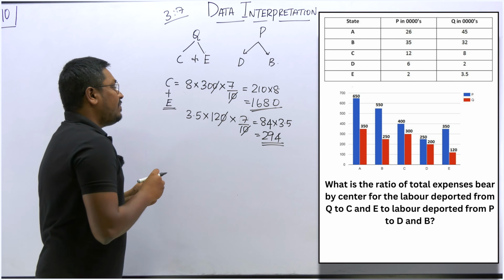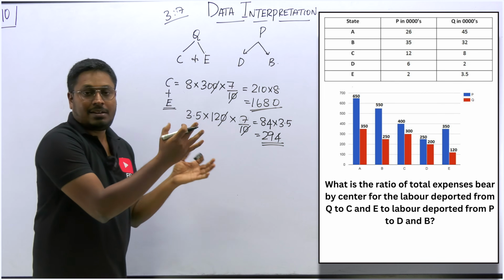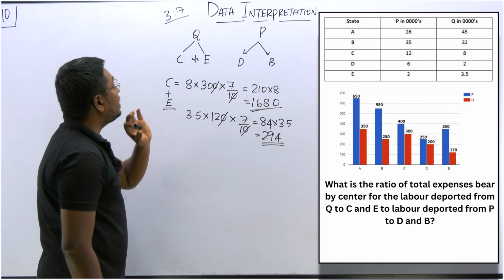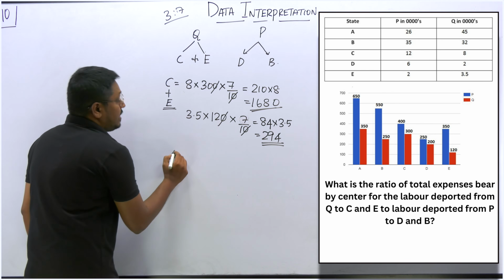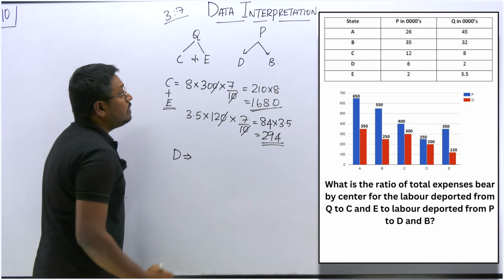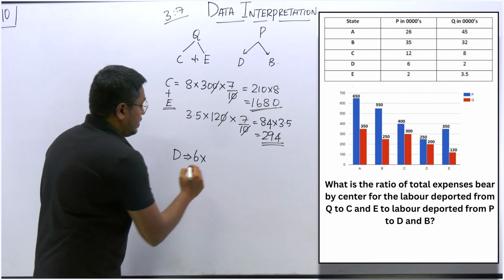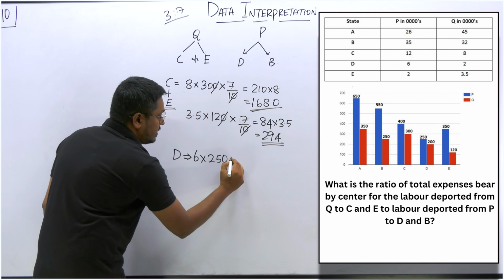After that we have to find the ratio, right? Either we can add the values and then finally find the ratio, or else we can add it directly. So next will be P. P to D will be, according to the chart, 6, and the charges are 250.